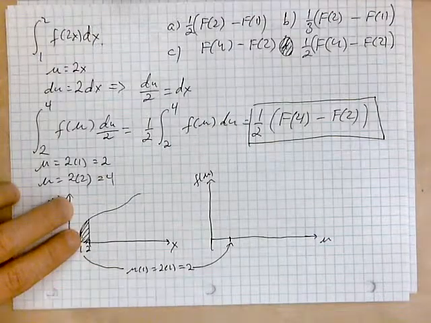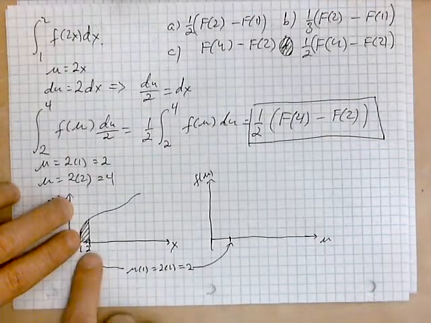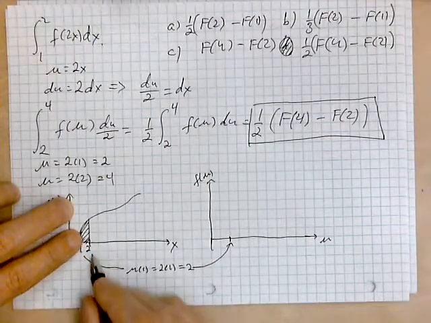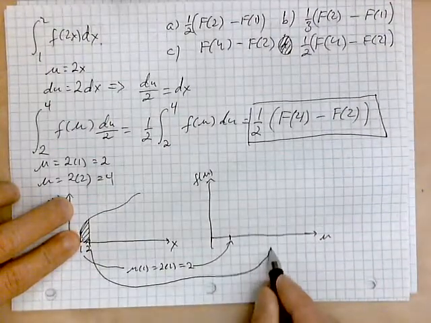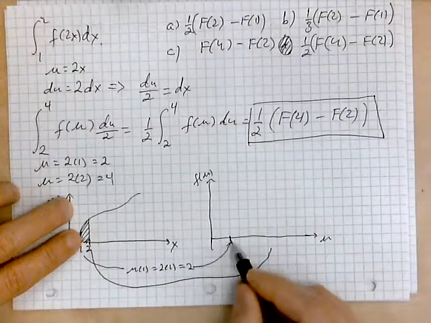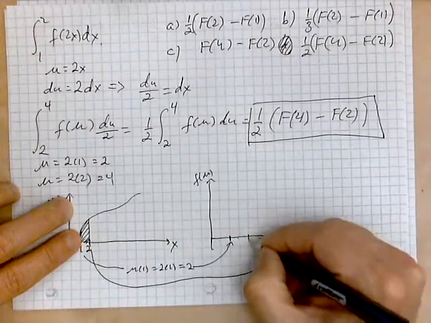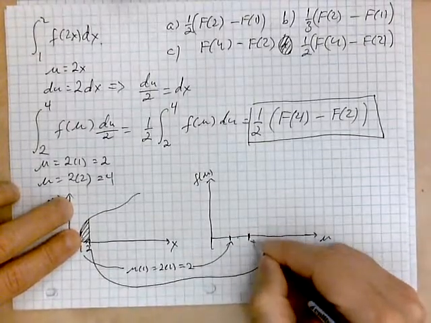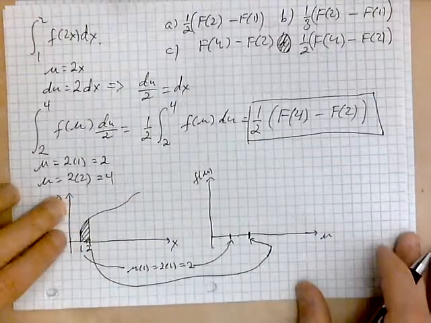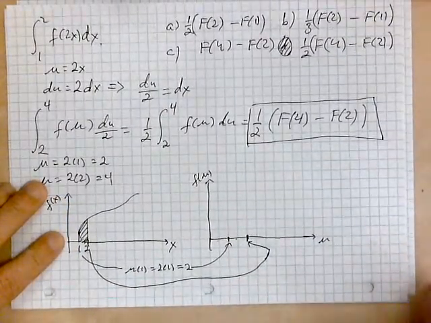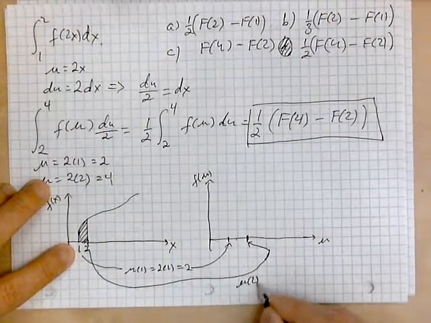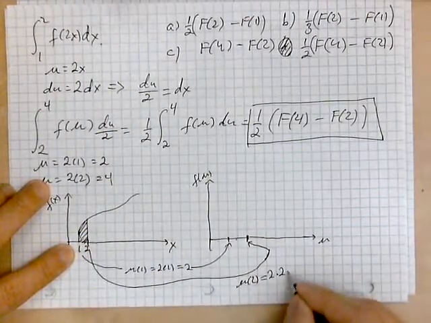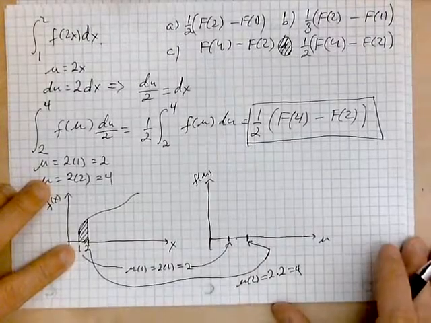Then the upper limit of 2 on the x-axis transforms into an upper limit of 1, 2, 3, 4 on the u-axis, like this. And this is transformed by writing u of 2 equals 2 times 2, which is 4.